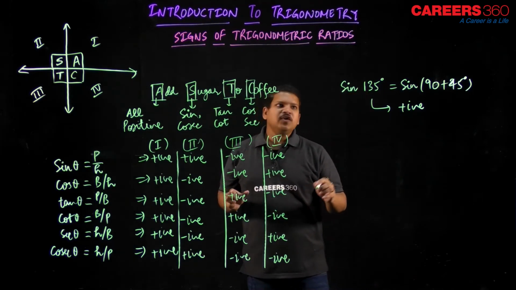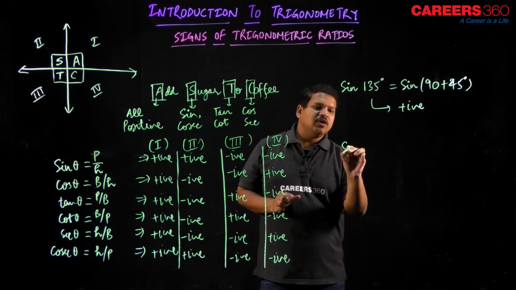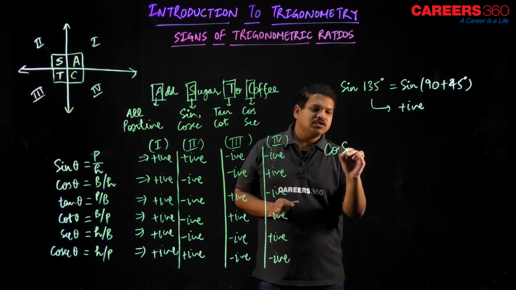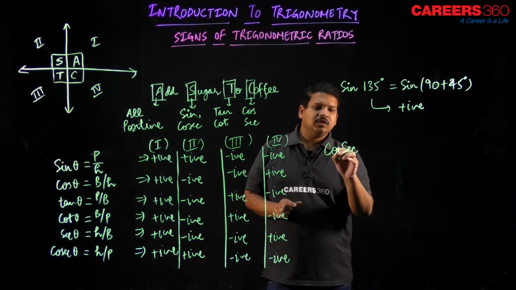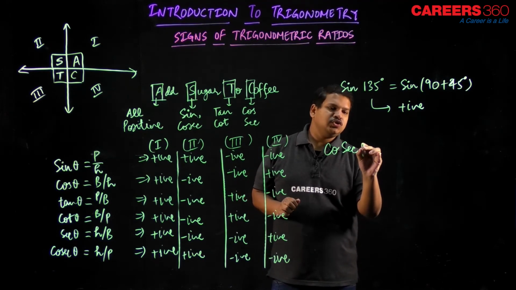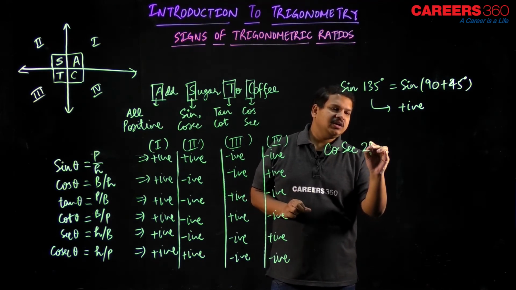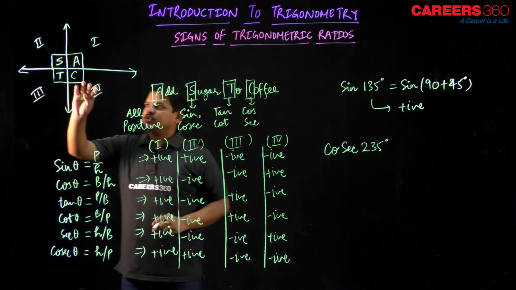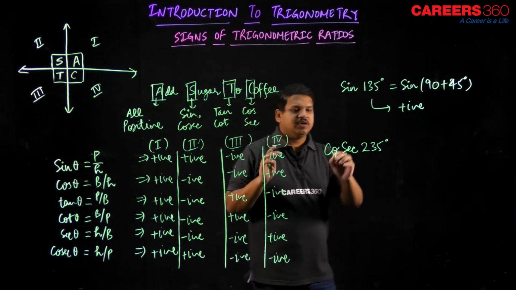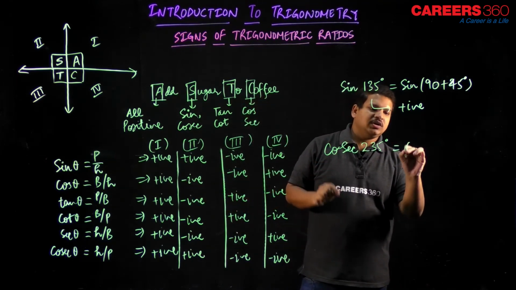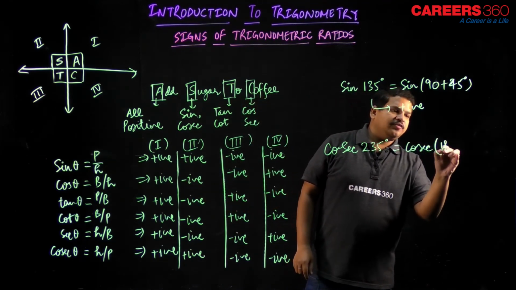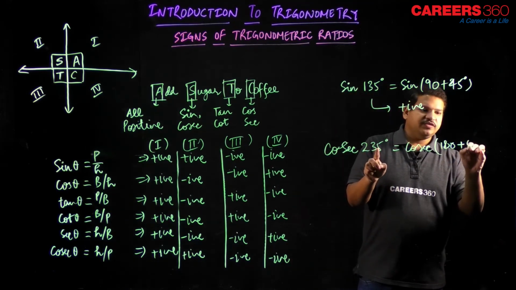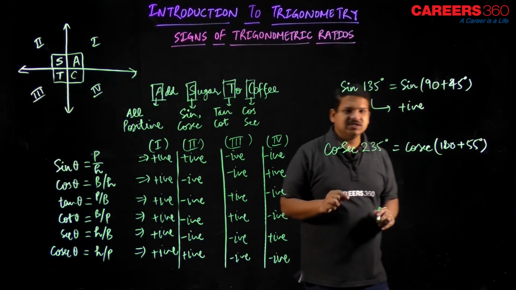Similarly, if you want to calculate the value of, let's say, cosec 235 degree. So 235 is what? Cosec of 180 plus 55 degree.